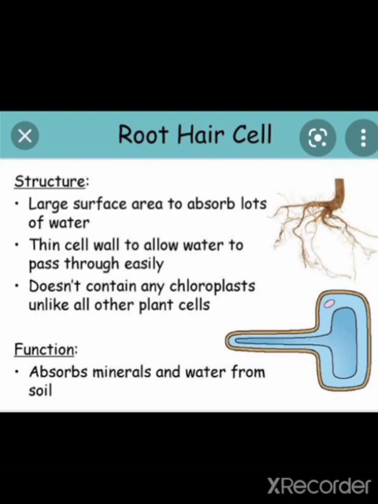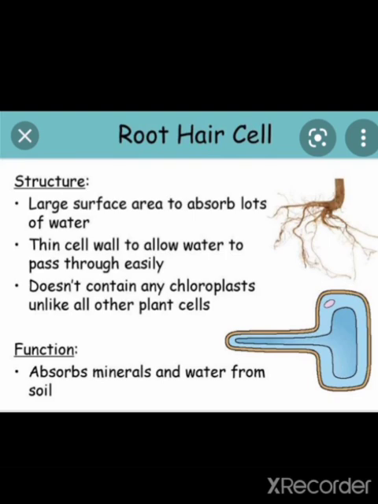They have a thin cell wall to allow water to pass through easily, and unlike all other plant cells they do not contain any chloroplasts. So basically their function is to absorb minerals and water from the soil. And here on the screen you can see the diagram of a root hair cell.